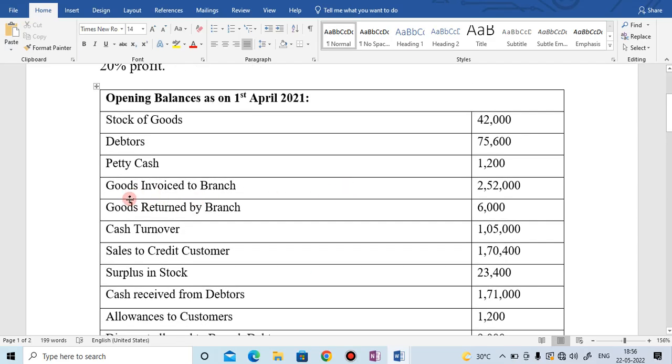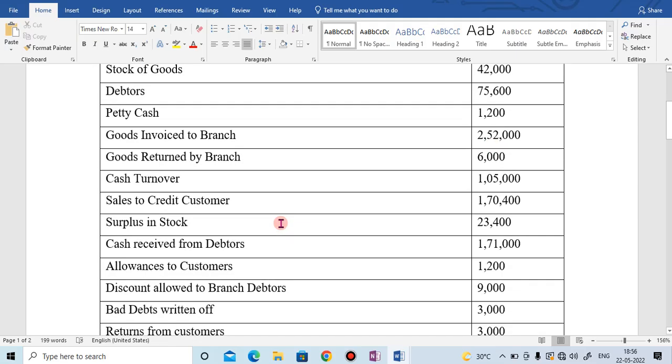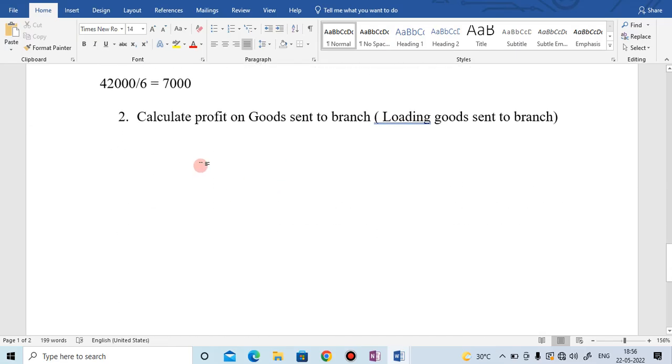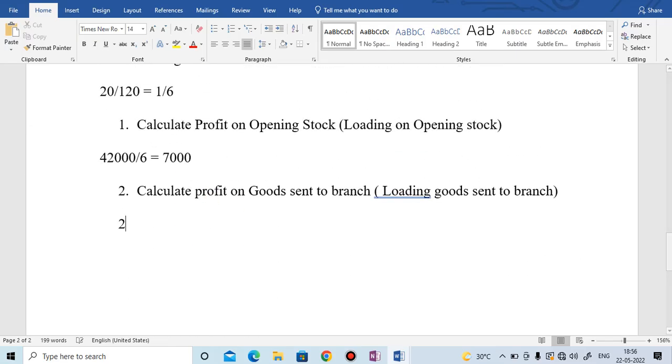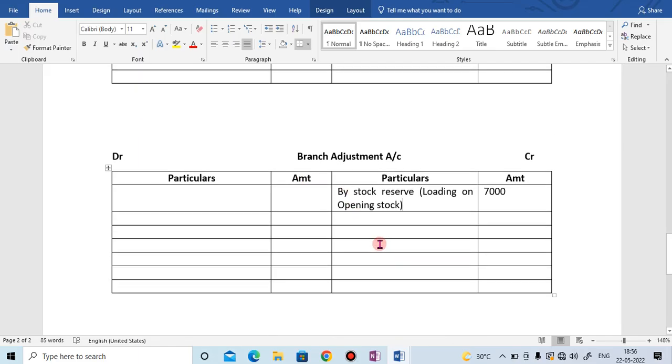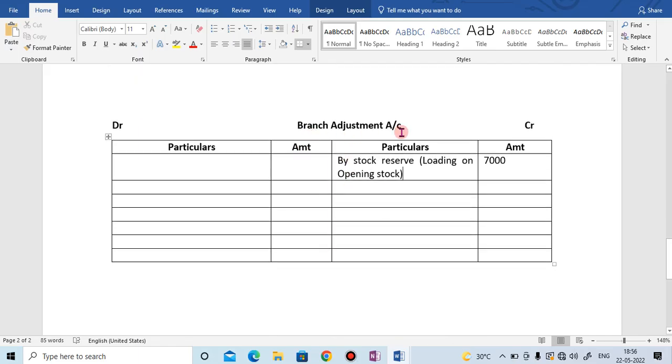Goods sent to branch means goods invoiced to branch, amount is 2,52,000. On 2,52,000 we have to calculate the loading. 2,52,000 divided by 6, the answer we get is 42,000. So this 42,000 is loading on goods sent to branch.